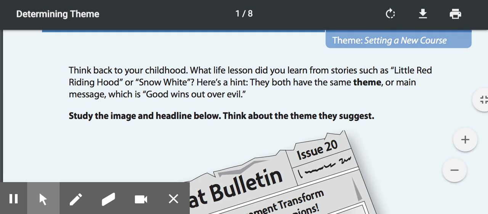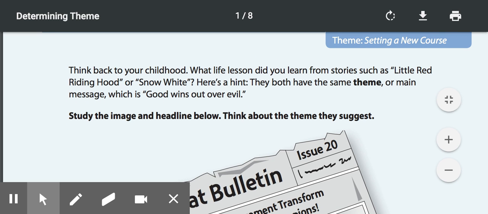So let's move into our text for today. Think back to your childhood, right? Super funny saying that to y'all. You're still a child, still living in your childhood, but okay.